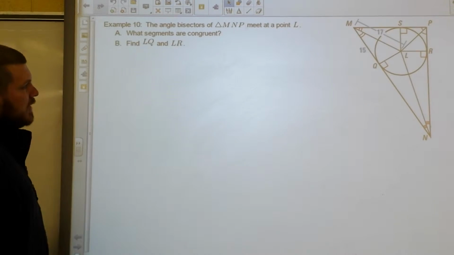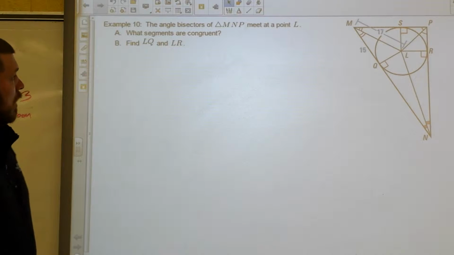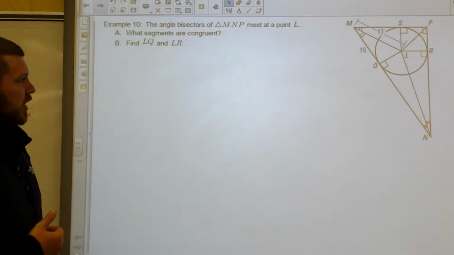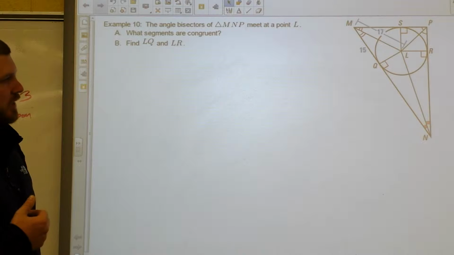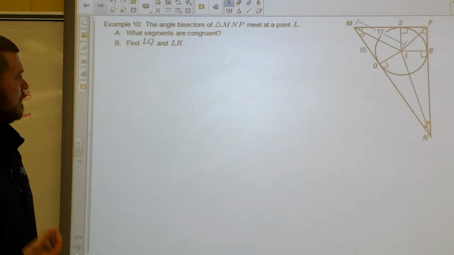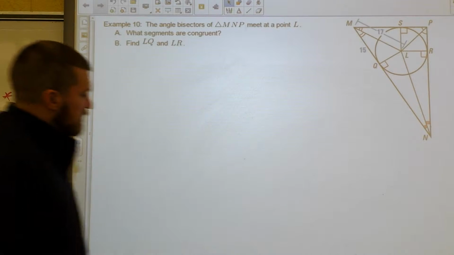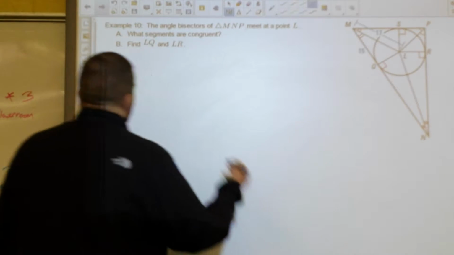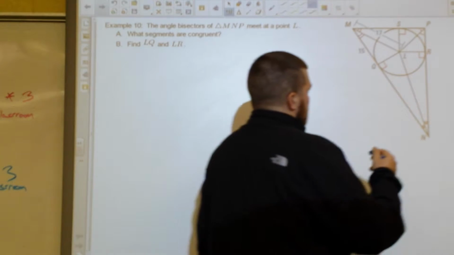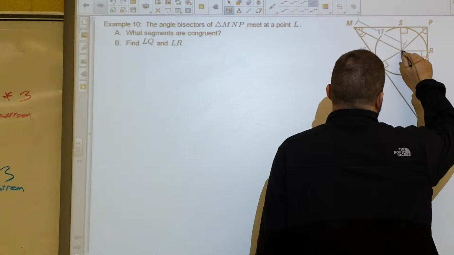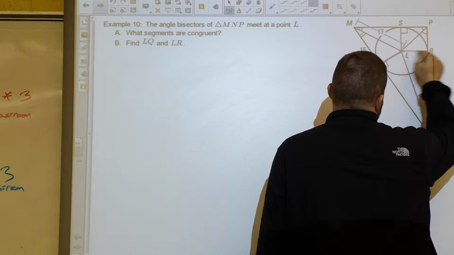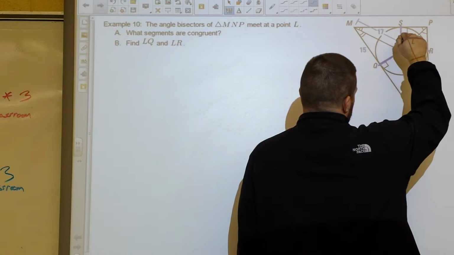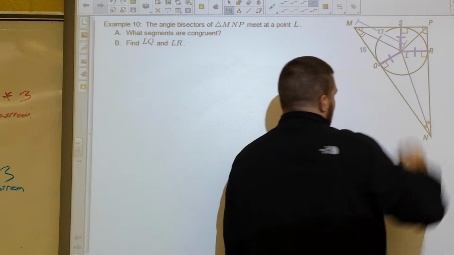Now let's use that information and do an example. We're told that the angle bisectors of triangle MNP meet at the incenter, which is point L. In part A, we want to know what segments are congruent. Since point L is the incenter, it is always the exact same distance from the sides of the triangle. So these three sides are congruent.